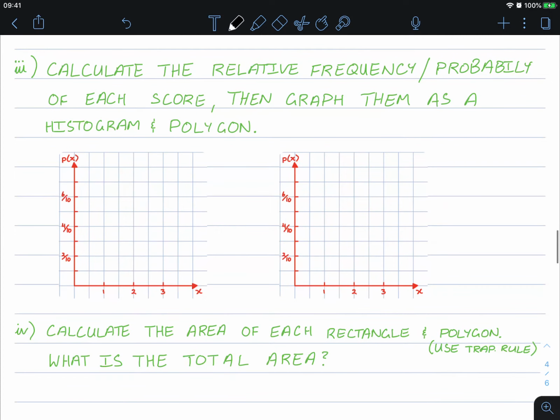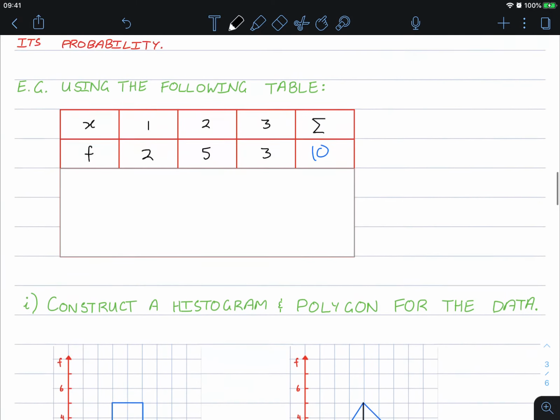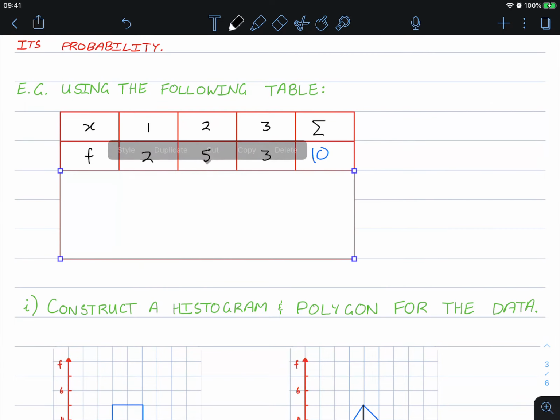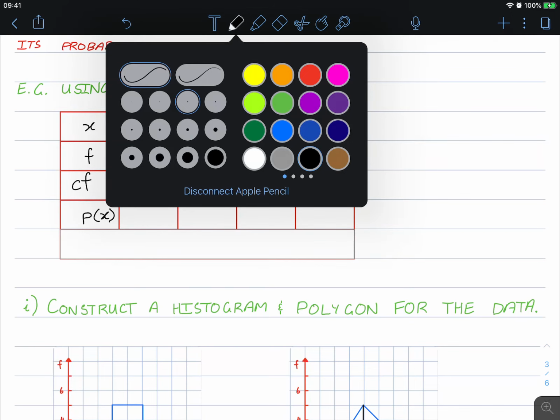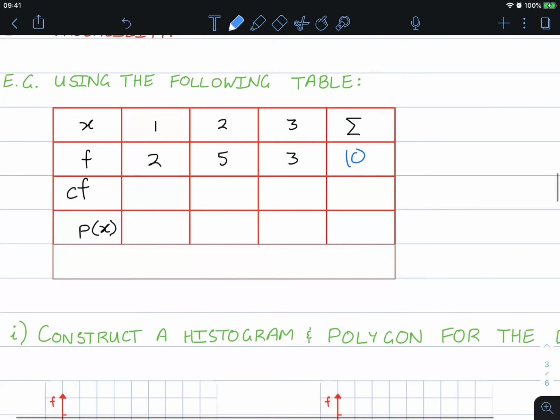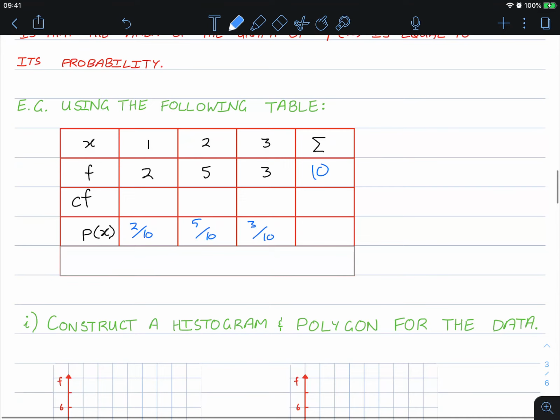Now let's calculate the relative frequency and probability of each score. The relative frequency of each is going to be 2 out of 10, 5 out of 10, 3 out of 10. It's a total of 10 out of 10, which is 1.